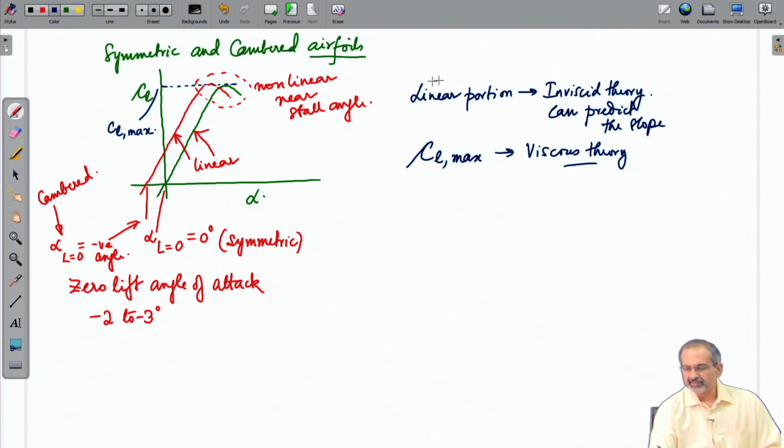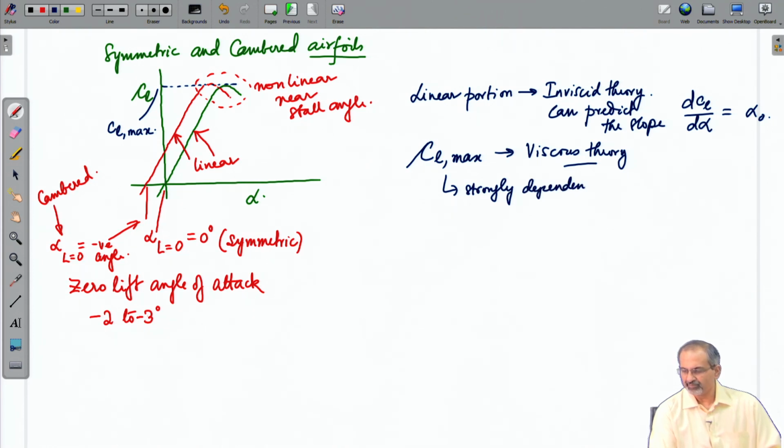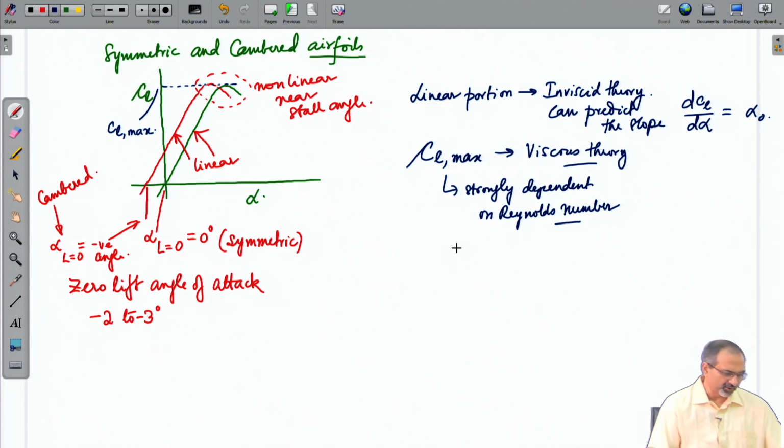Also, the slope of the linear portion, dCL/d alpha, let us name it as alpha naught, is not a very strong function of Reynolds number, but CL max is strongly dependent on Reynolds number, which is obvious because the viscous effects vary depending on the Reynolds number.